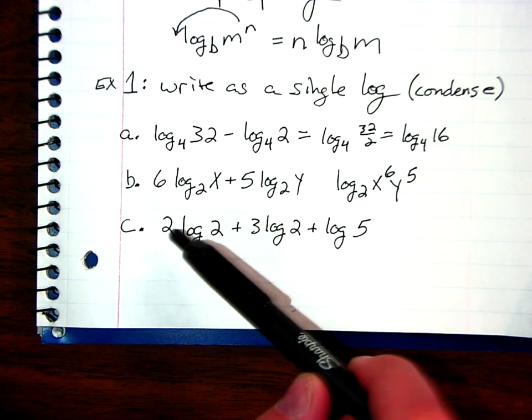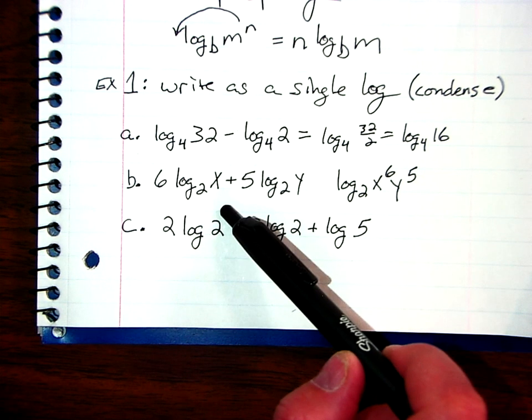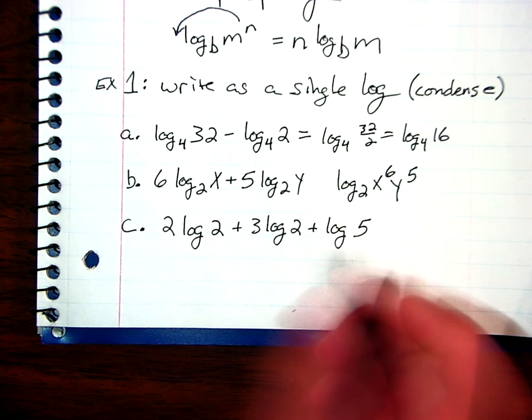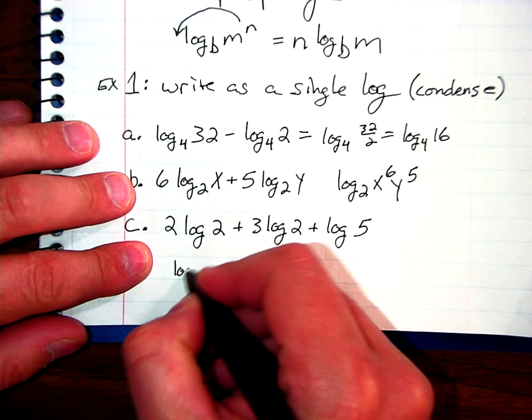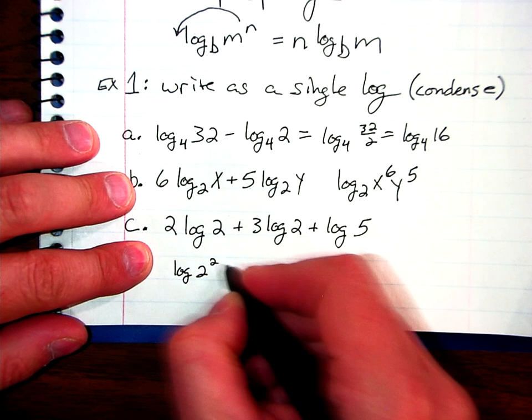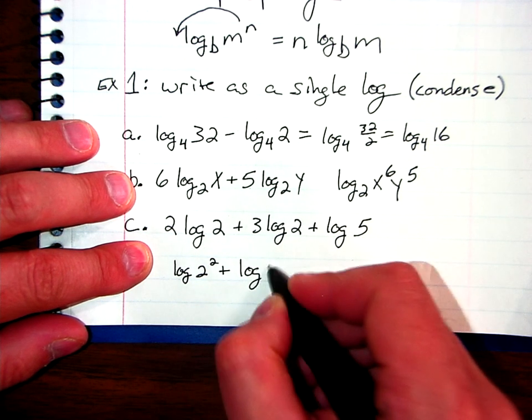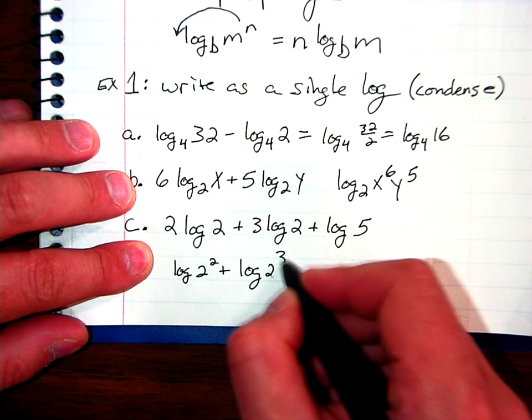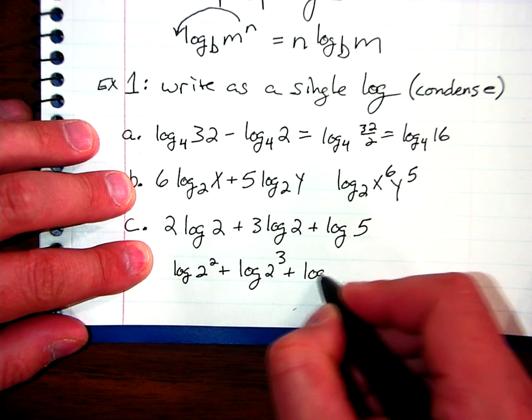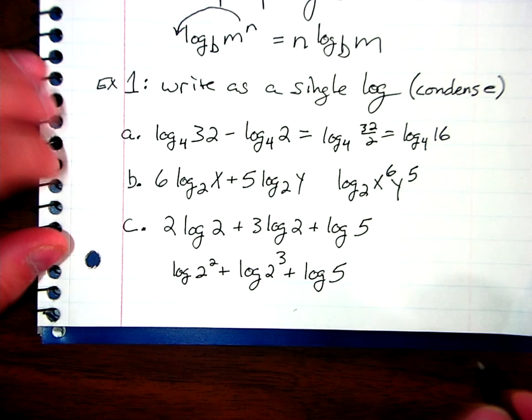So I can use the power property to move this 2 up, correct? So that becomes log 2 squared. I can move the 3 up, log 2 cubed plus log 5.